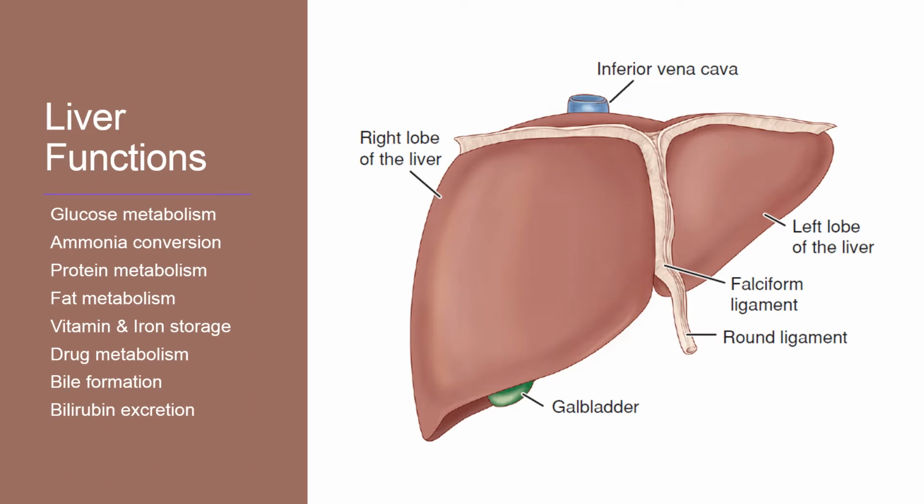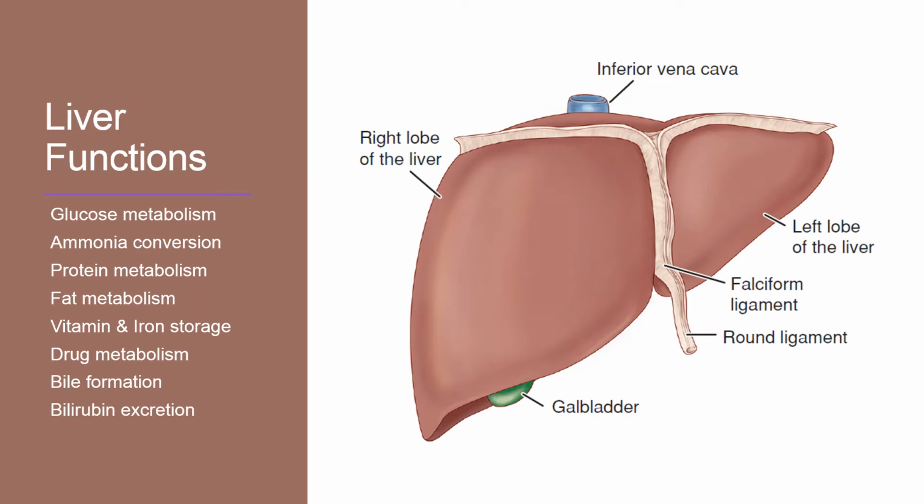With this function, the liver converts glucose into glycogen for storage and then converts it back to glucose, and that process is called glycogenolysis. And glycogenolysis is the ability to maintain normal levels of glucose in the bloodstream.